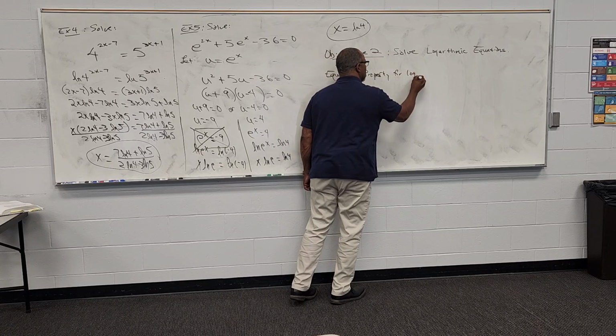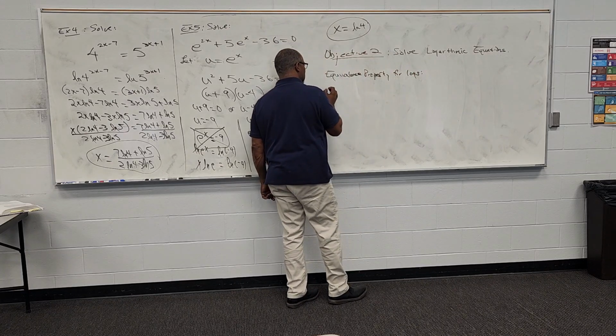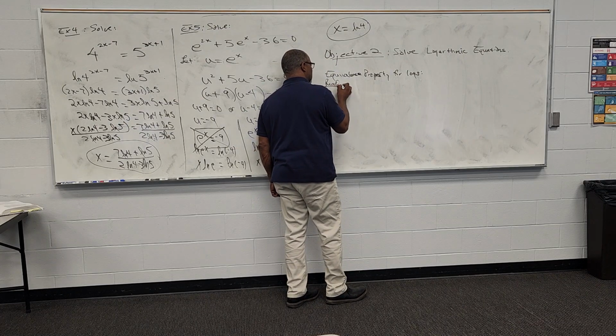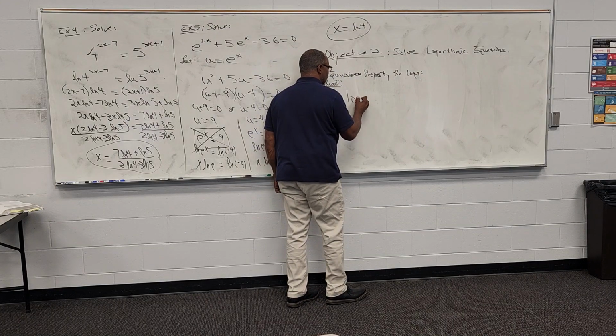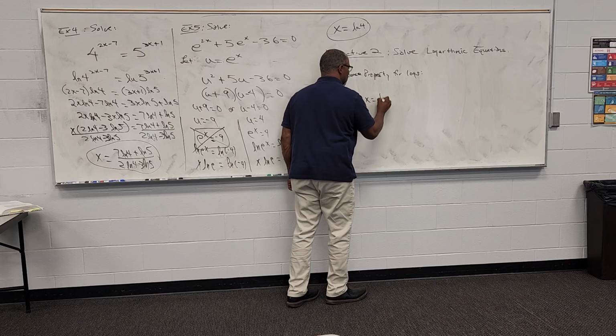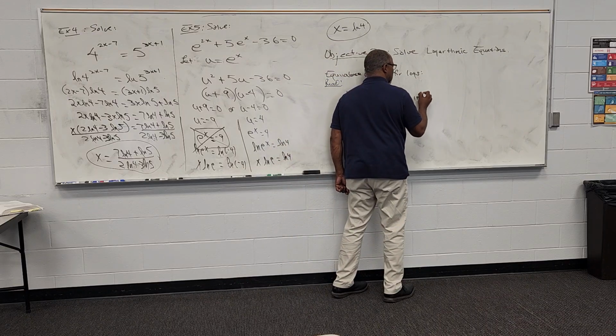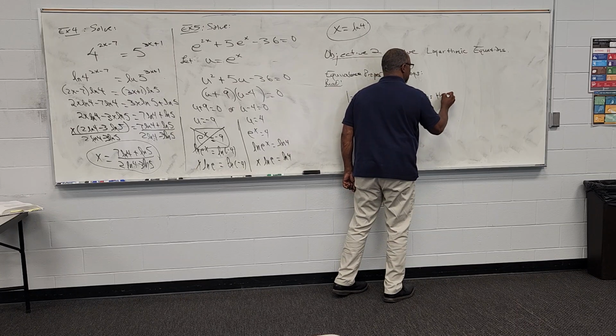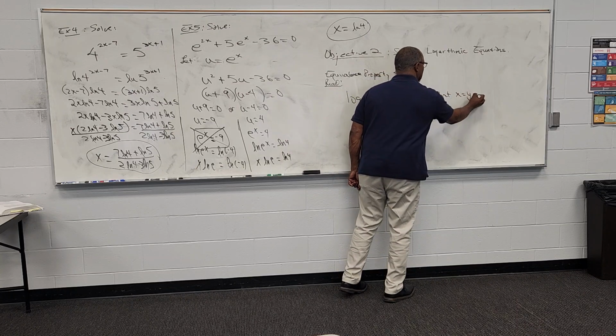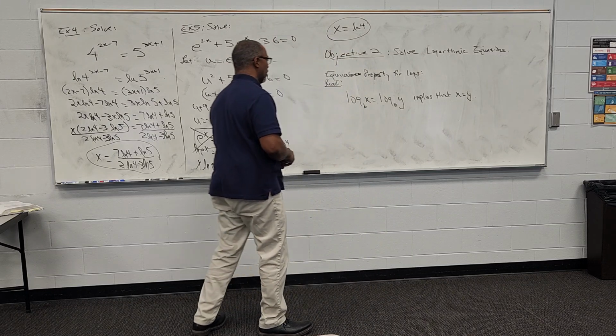And again, read the preconditions. So I'm not going to write them all down. Basically, log to the base b of x equals log to the base b of y implies that x equals y. That's the equivalence property for logs.